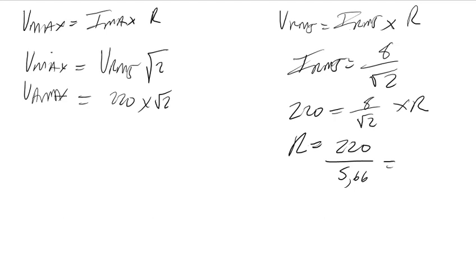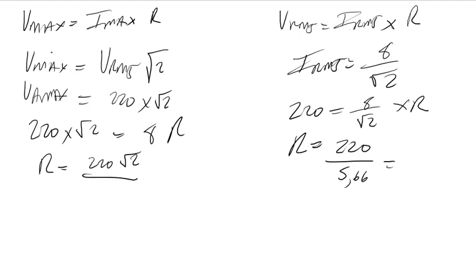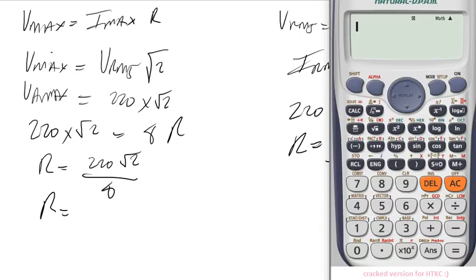Therefore, we can go back to that equation. Imax, we already know Imax. Sorry, it's 8. So you can say 220 times root 2 equals 8 times R. R is equal to 220 root 2 over 8. R will be equal to, see, you get the same answer. Okay, guys.